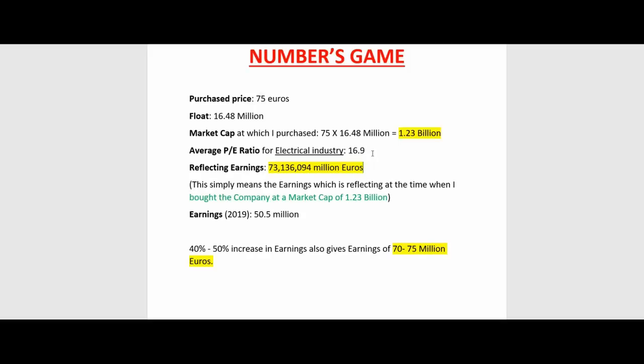Yes, you should always compare the PE ratio with its peers or competitors, and in this case the average PE ratio for the electrical industry was quite low, and the PE ratio for Varta at the time I bought this was around 65, which is quite high. But this is what I want to tell you: a high PE ratio doesn't always mean that it's a bad buy.